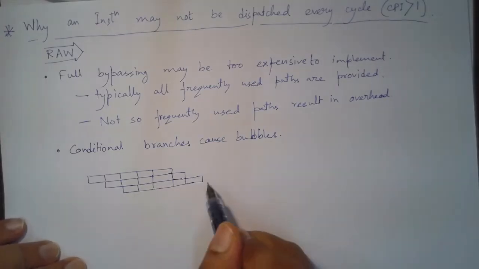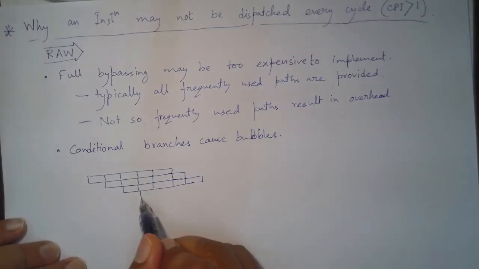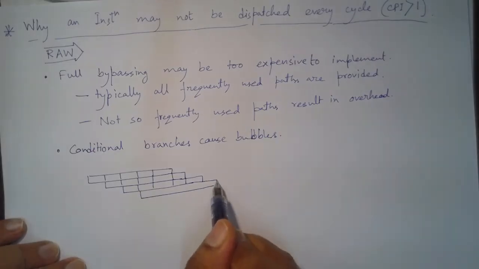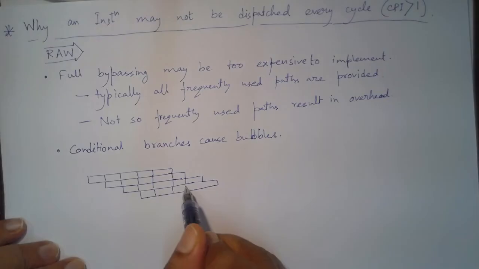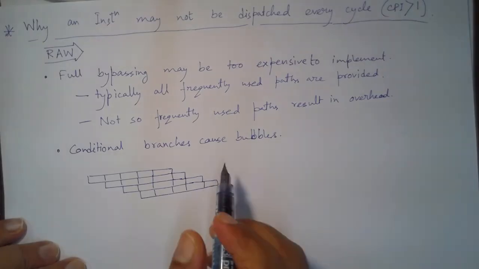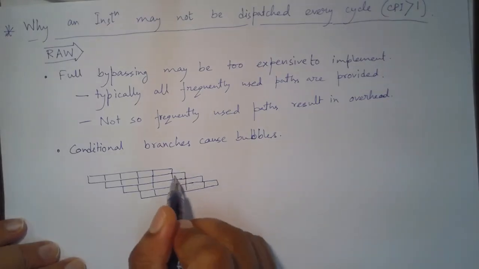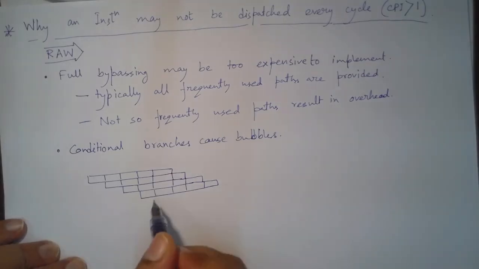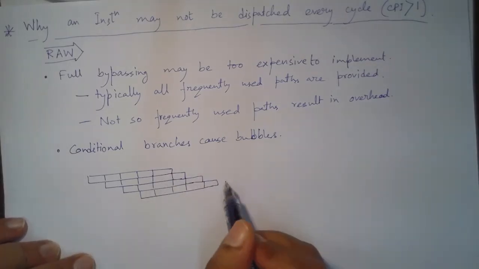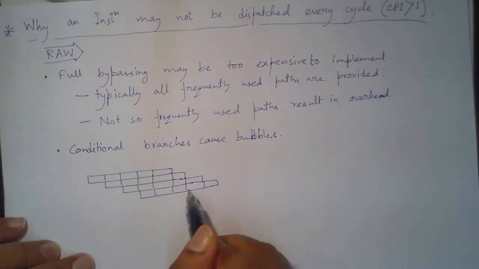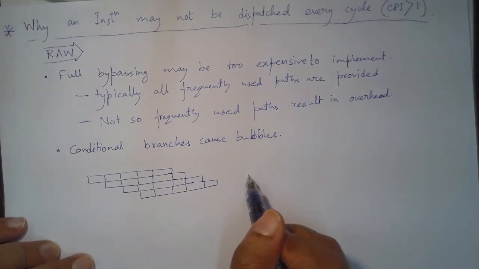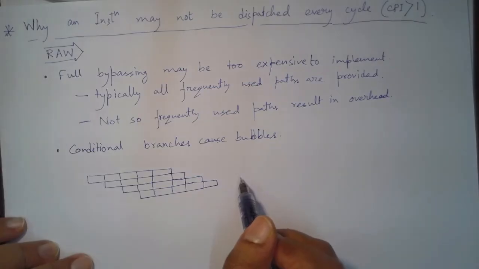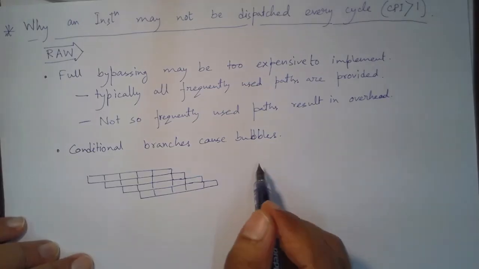Just to make sure that you can visualize it properly: if every clock cycle we can push a new instruction, I can see that every clock cycle one instruction is getting executed. But if there is a bubble in between, then this execution time becomes longer, and as a result your CPI becomes higher and higher.